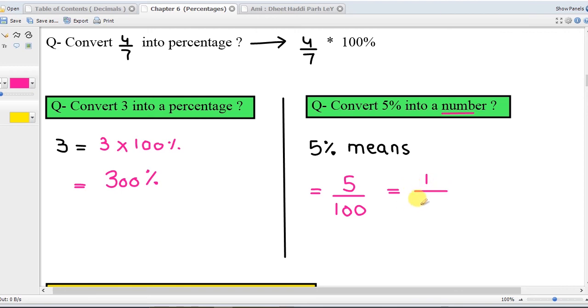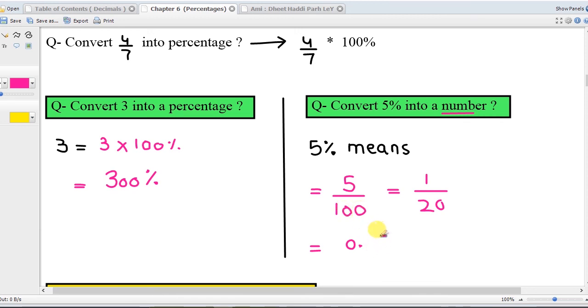So 1 times 5 is 5, 2 times 5 is 10, put a 0 here, so 20 times 5 is 100. This is the value we're getting in the fraction form. If we want to convert into a decimal, what I'm going to do is put a 0 and a decimal point instead of this 1, and see how many zeros there are here, 2 zeros.